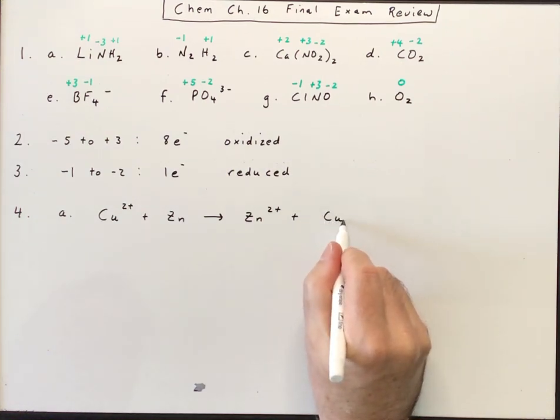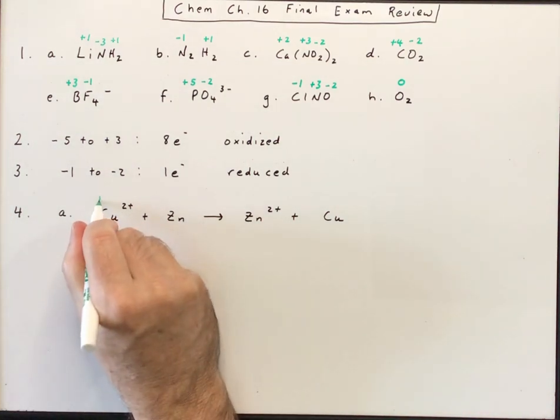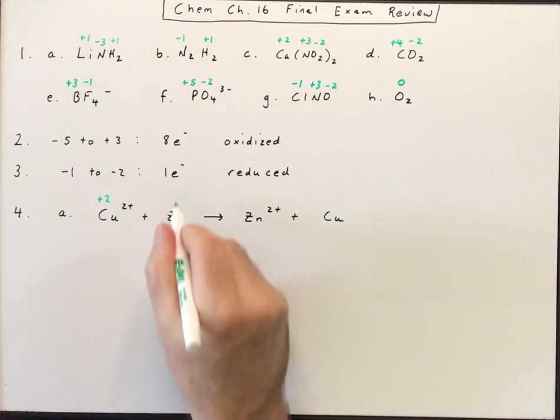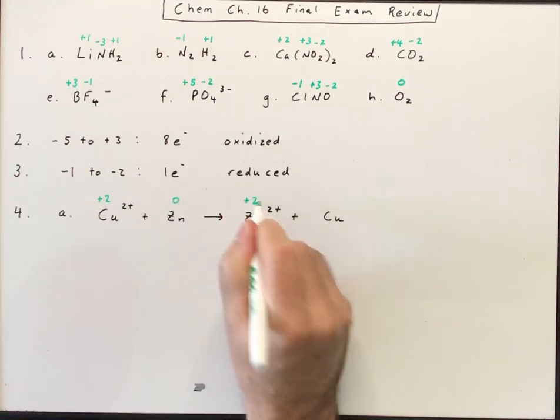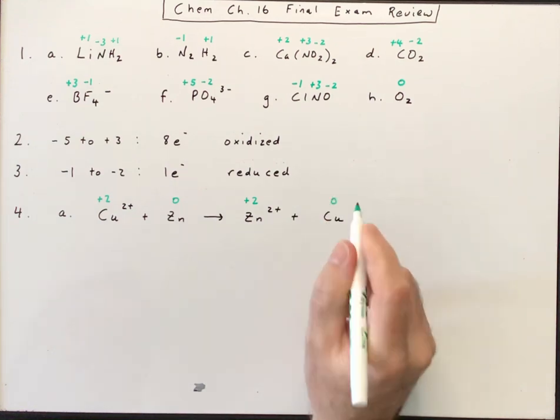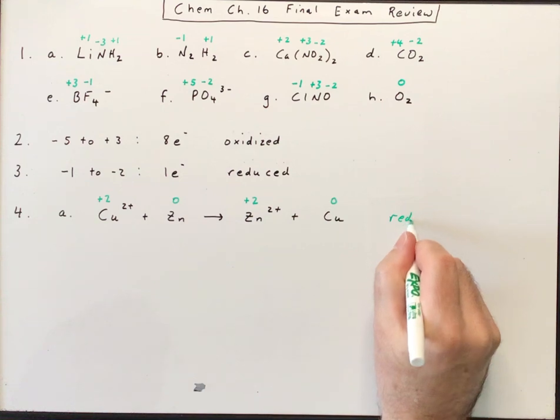Plus zinc yields Zn2+ plus copper. Okay, so our oxidation numbers are plus 2 for this copper, charge divided by the number of atoms, 0 for zinc all by itself, plus 2 for this zinc ion, and 0 for copper. So the oxidation numbers change, so it is indeed redox.